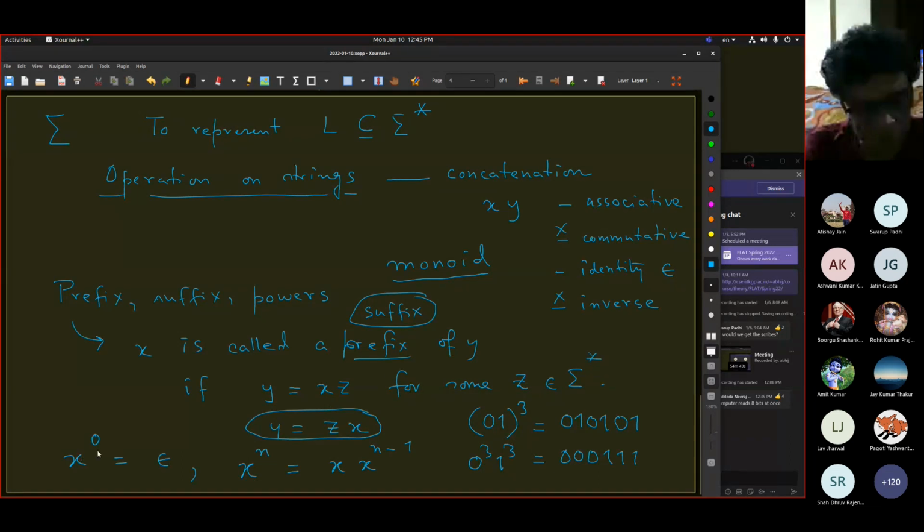And x power 0, never forget this to be epsilon. So these are things you need to know, just a little bit of setting up the notation.